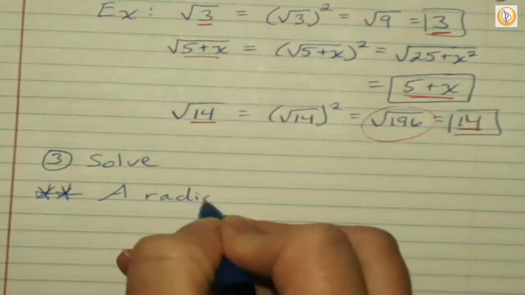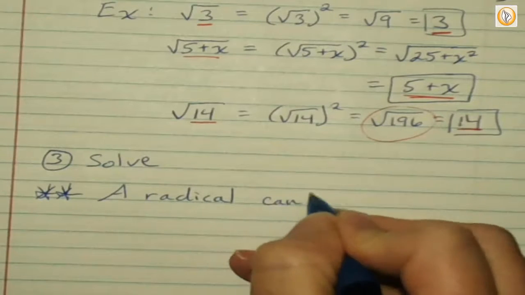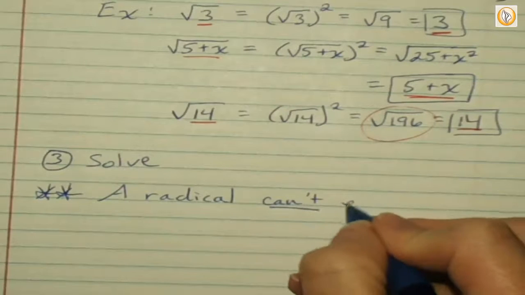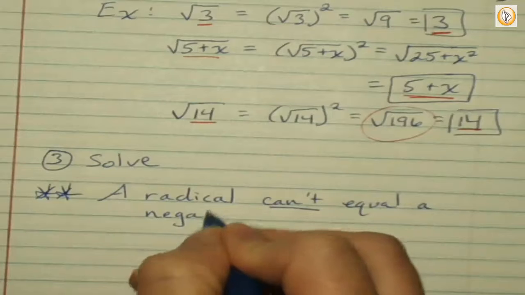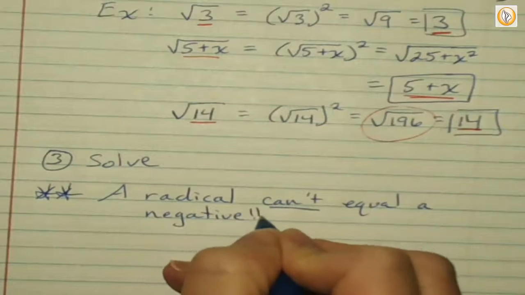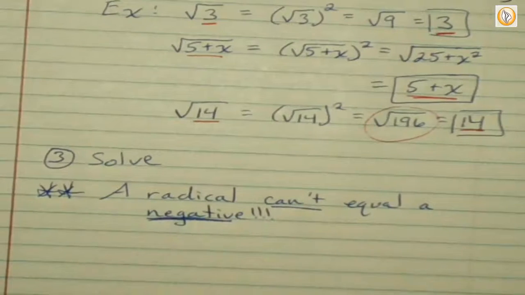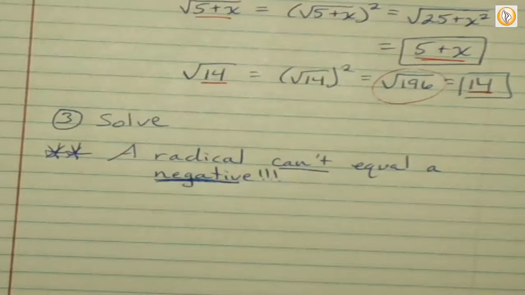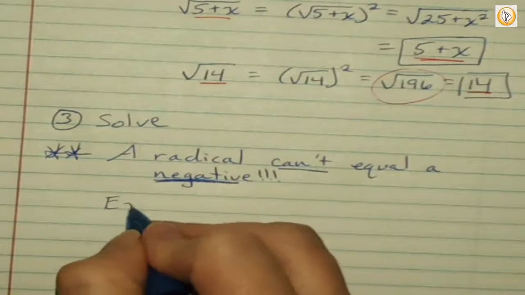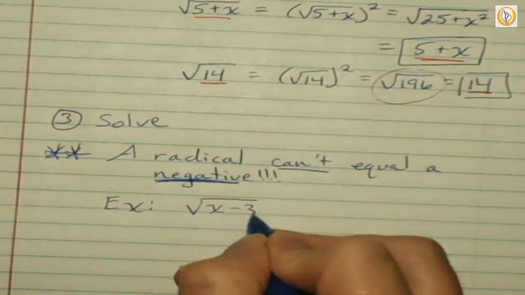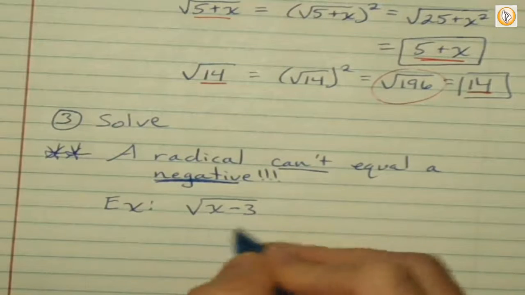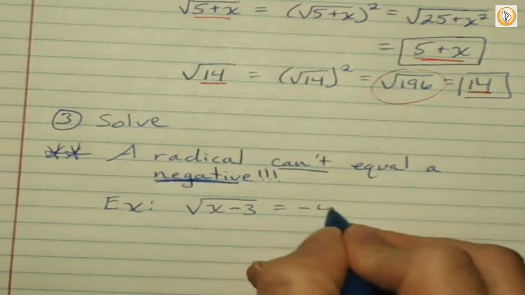A radical can't equal a negative. Now, we've talked about this. It was even on the test. For example, you cannot have x minus 3, a radical by itself, equal a negative.